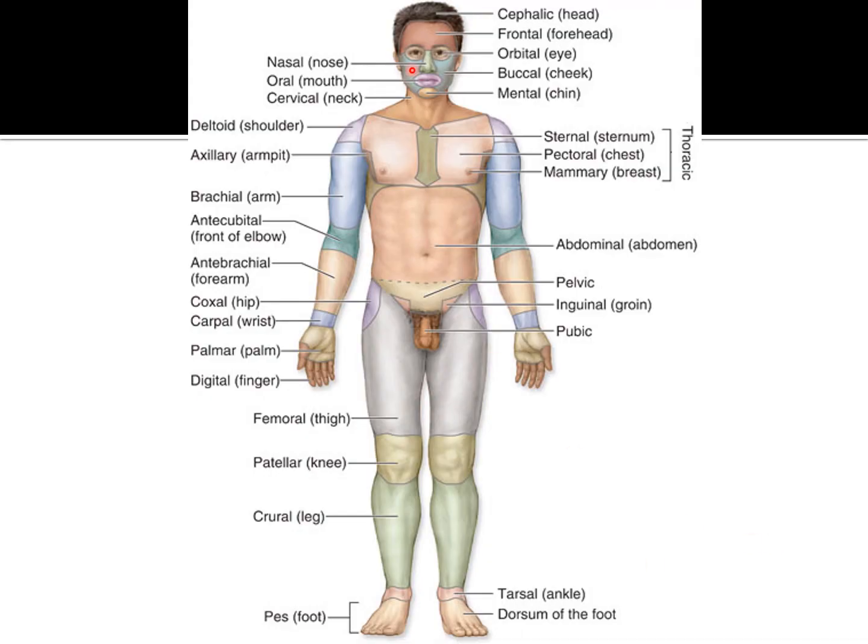So say, for example, the head. A layman says the entire part is the head. Actually, anatomically, only this part is referred to as the head. This region is referred to as the forehead. The eye region, this is referred to as the cheeks.